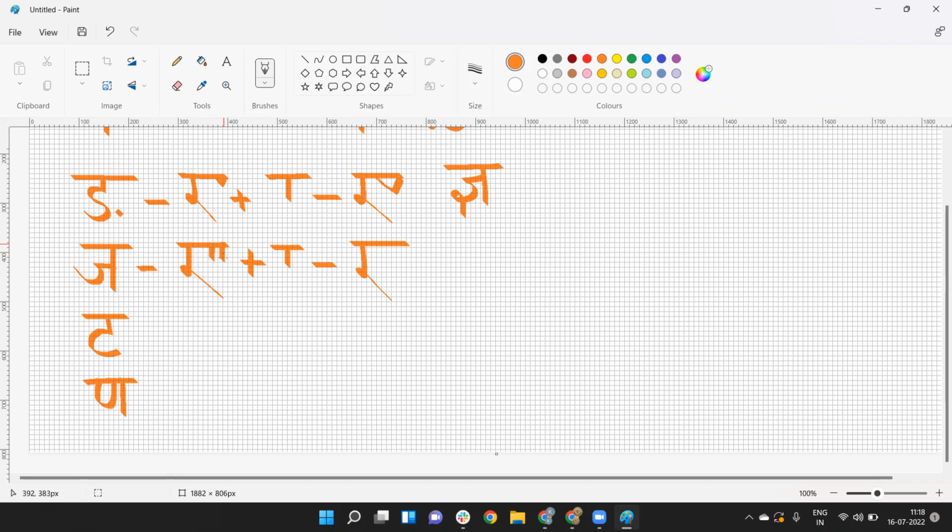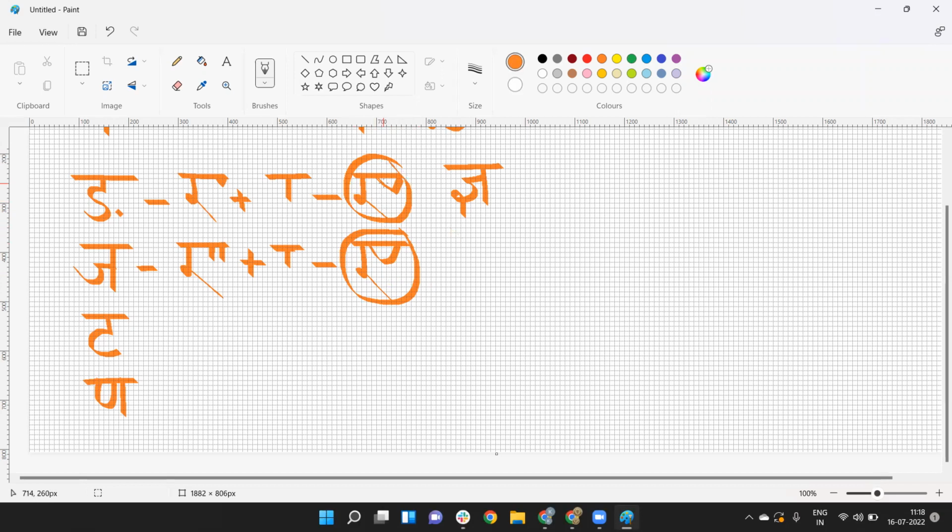These two parallel lines that we draw with Ja will not be used here because we are merging that along with matra A and it takes the shape. This is Ja. Whenever you see a letter like this, it means Ja. Whenever you see a letter like this, it means Na.